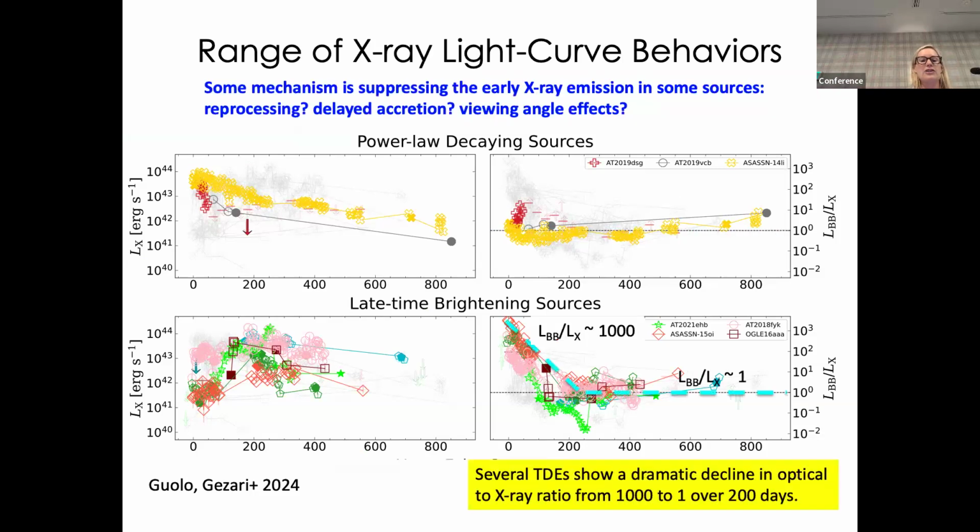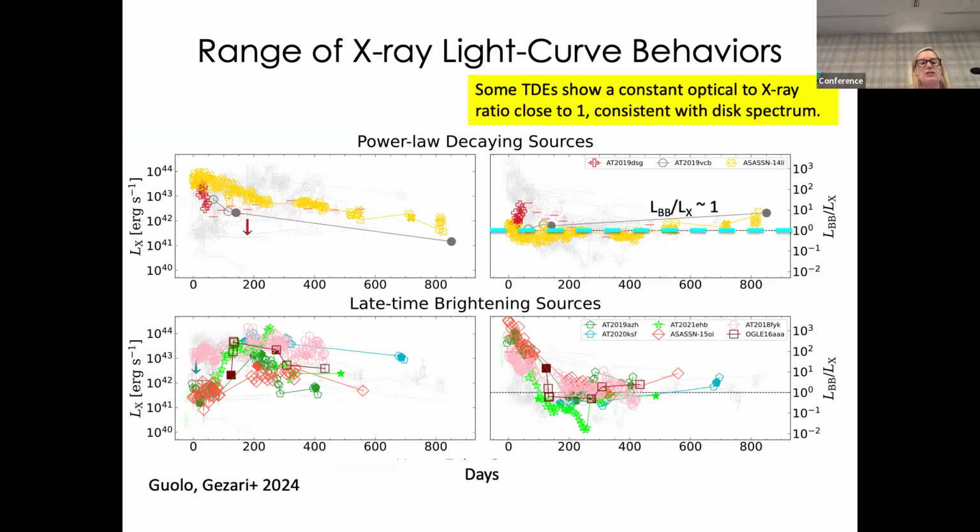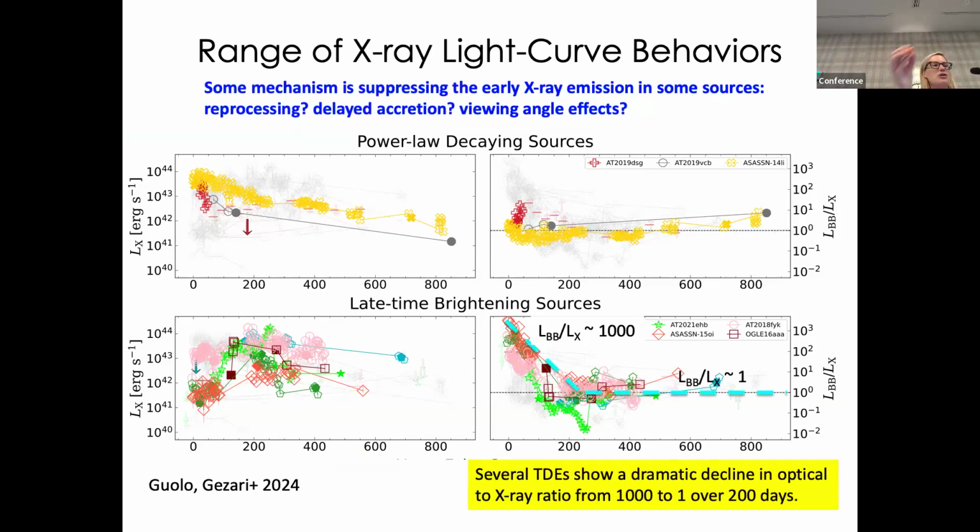And so here I show that there are two populations: those that show X-ray emission consistent with the disk together with the UV, and others that show dramatic changes in the UV to X-ray ratio, from the UV dominating to then having a more similar ratio.